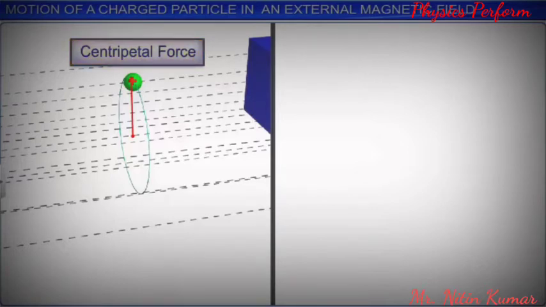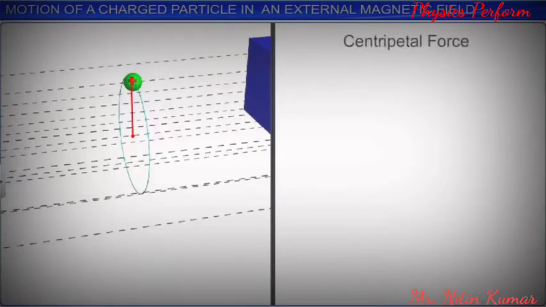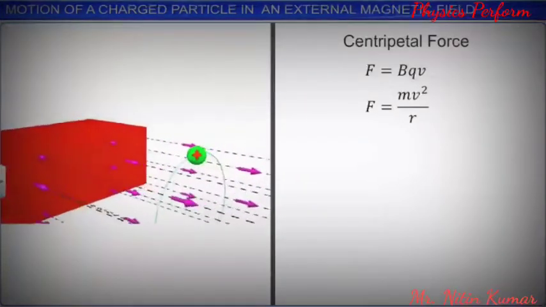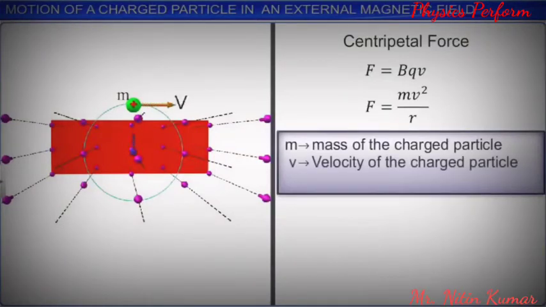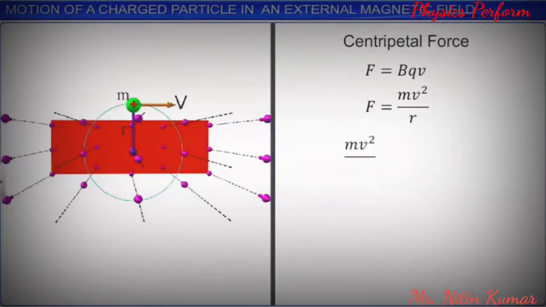Thus, the centripetal force F is equal to BQV. By definition, the centripetal force is denoted by mv squared by r, where m is the mass of the charged particle, v is its velocity, and r is the radius of its circular path. Equating these expressions, we get the radius of the circular path r is equal to mv by BQ.